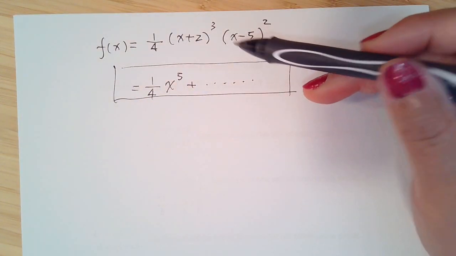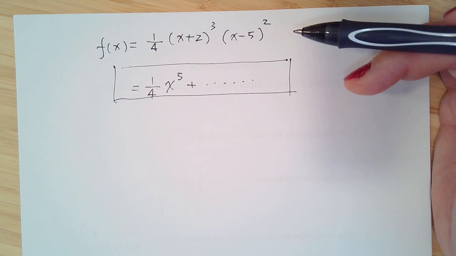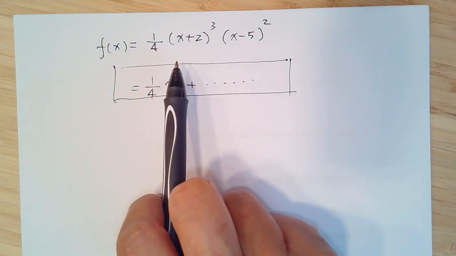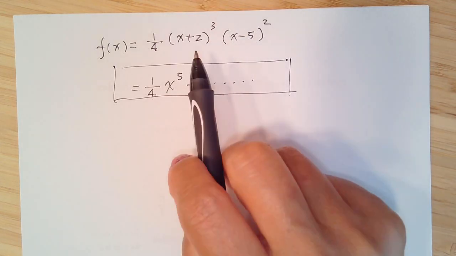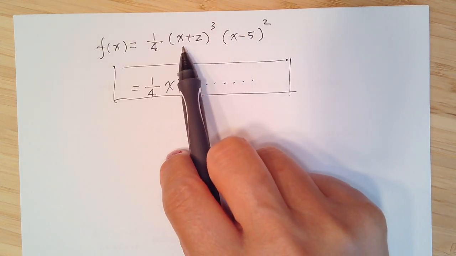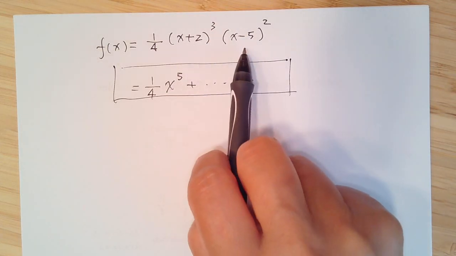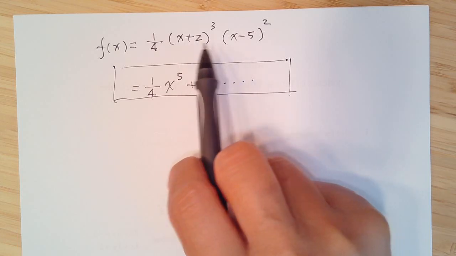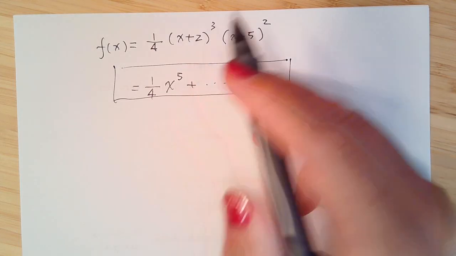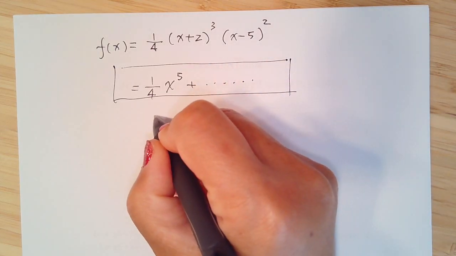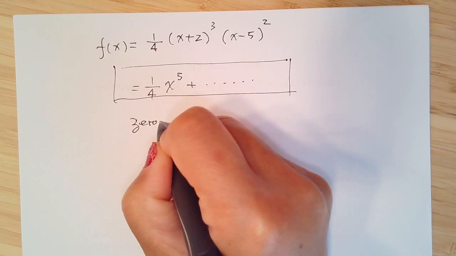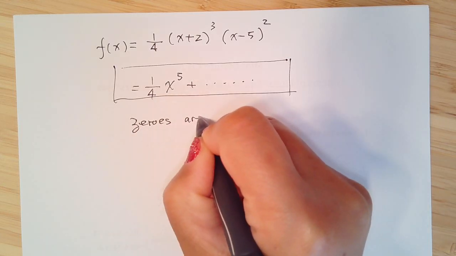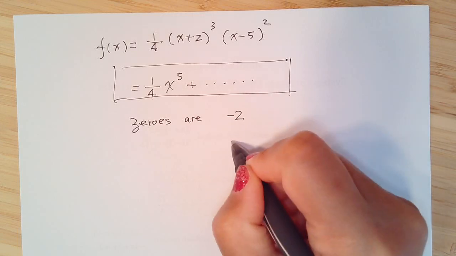All right, so how many zeros? There are 2. Remember, a zero is the x value that makes this function value 0. So x equals -2, x equals 5. So there are 2 solutions to this equation, or we say there are 2 zeros. The zeros are -2 and 5.